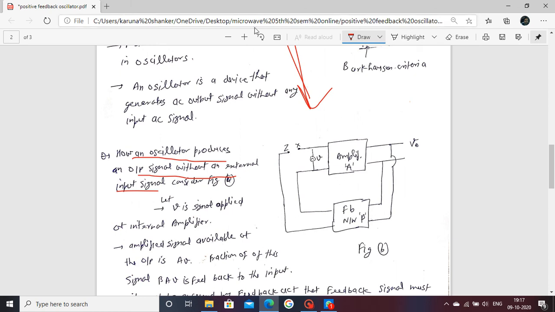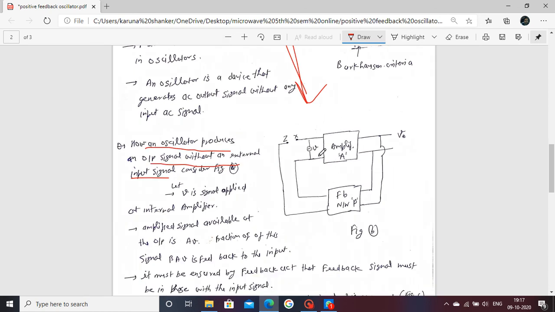Now we first consider a signal, represented here as a small v, applied to the input stage of your amplifier. This small v, whatever input signal is applied, is amplified by your amplifier.